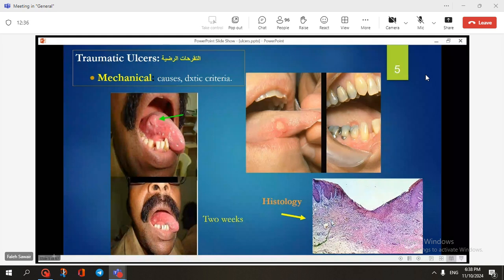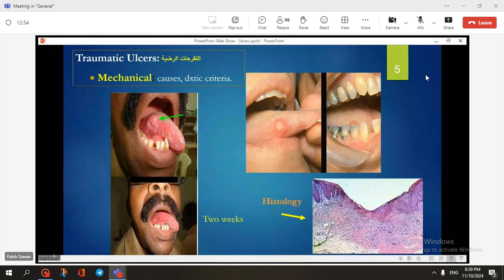Okay, start with the traumatic ulcers. As we said, ulcers can be the result of infections. We already discussed the infections the last time, and ulcers also can be the result of trauma. Trauma could be mechanical.